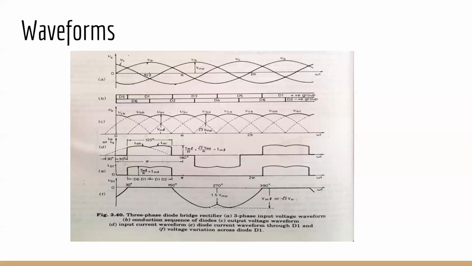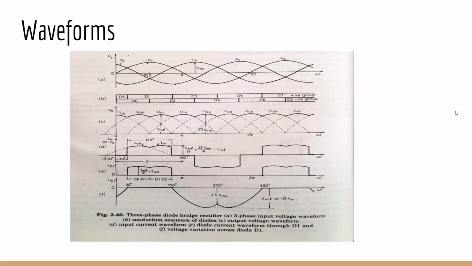Therefore, diode D1, connected to line A, conducts during the interval omega t equals 30 degrees to 150 degrees. Likewise, from omega t equals 150 degrees to 270 degrees, voltage VB is more positive as compared to VA and VC. Therefore, diode D3 connected to line B conducts during this interval.